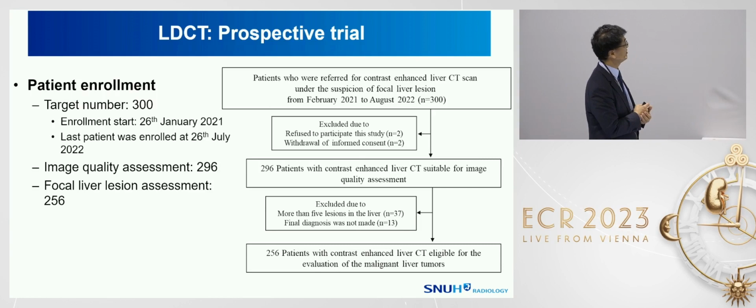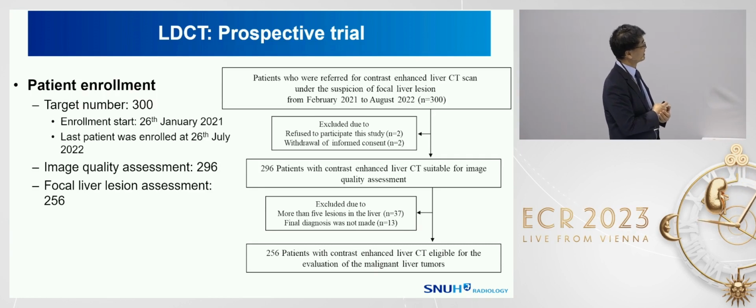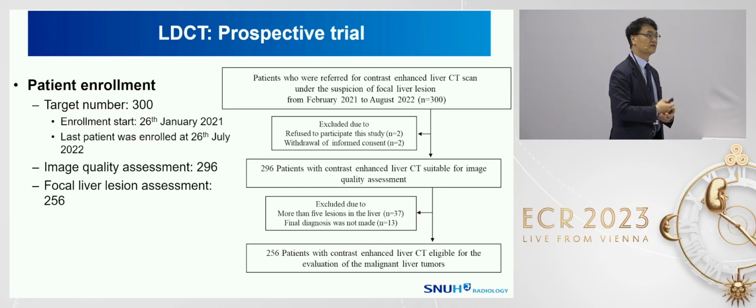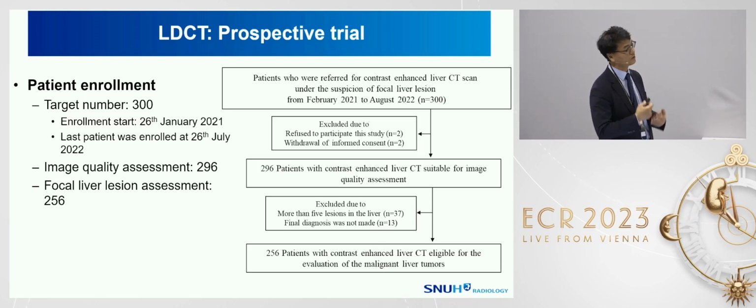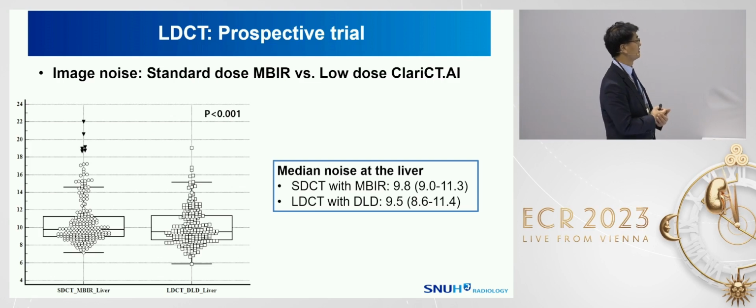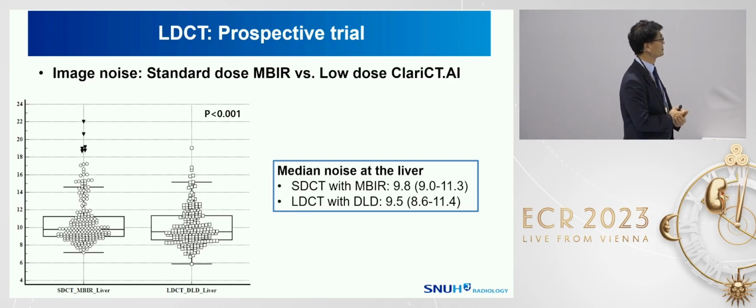So roughly 33%. And then we recruited 300 patients, and among them, in 296 patients, we could evaluate image quality. And among 256 patients, we found focal liver lesions. So we did the liver malignant lesion detection study.